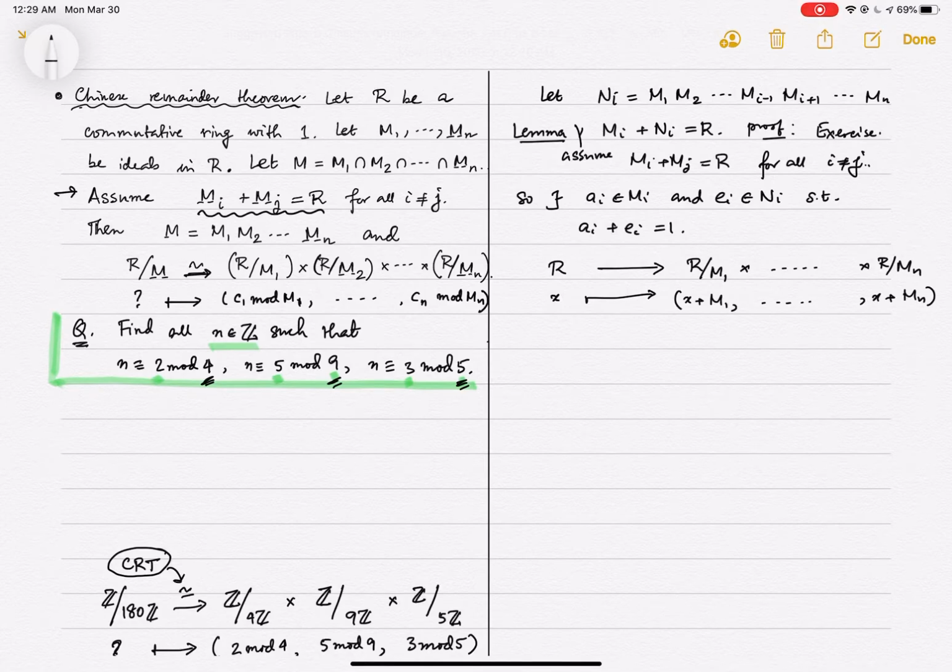What happens to ei, let us ask? Well, ei is 1 minus ai, and ai is in mi, so this is 1 mod mi. So in the ith place, you're going to get 1.